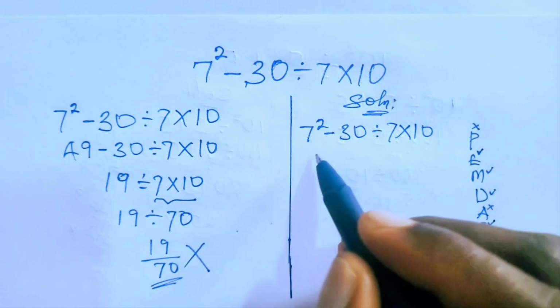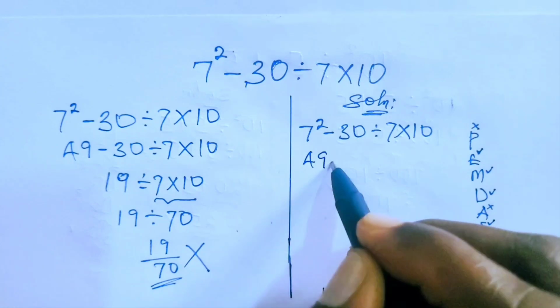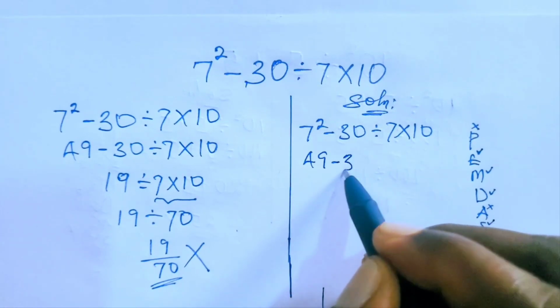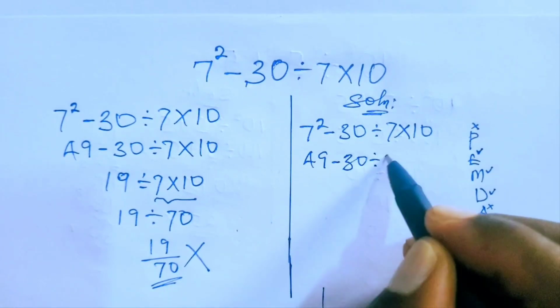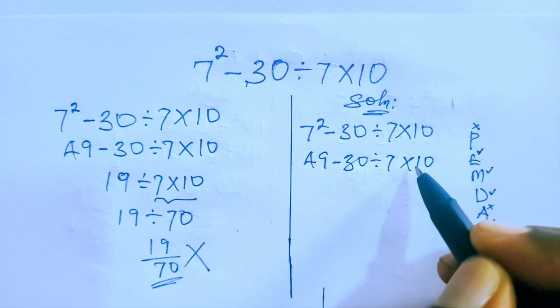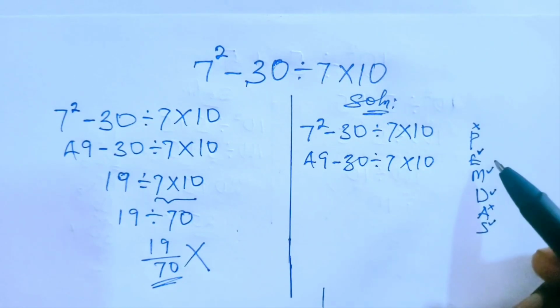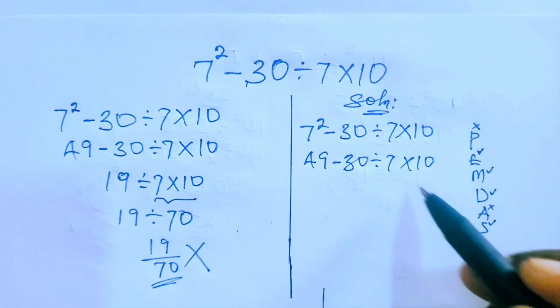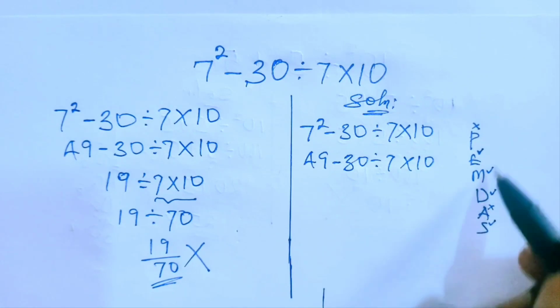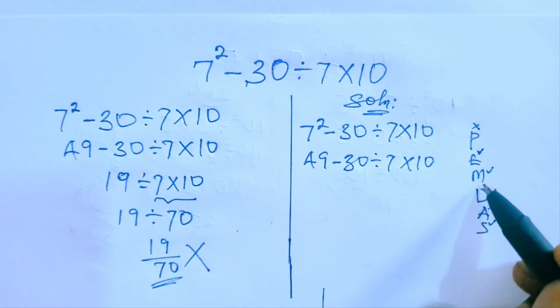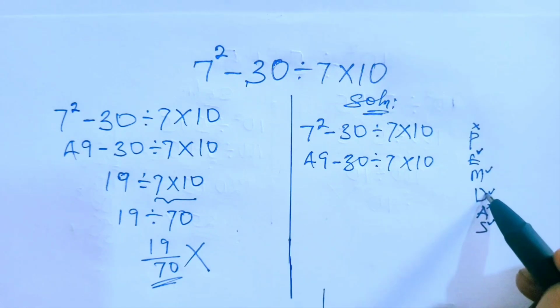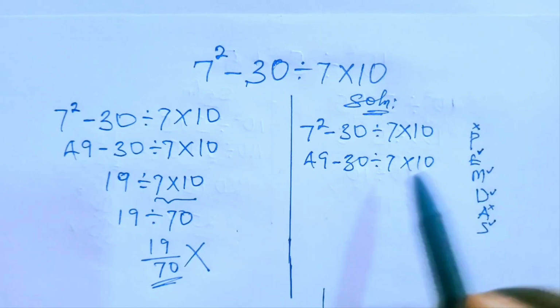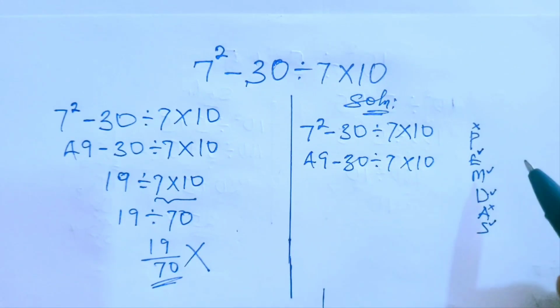First of all, we consider exponents. 7 to the power of 2 gives us 49 minus 30 divided by 7 multiplied by 10. The next operation to be considered is division. Multiplication and division have the same precedence, so the operation goes from left to right.